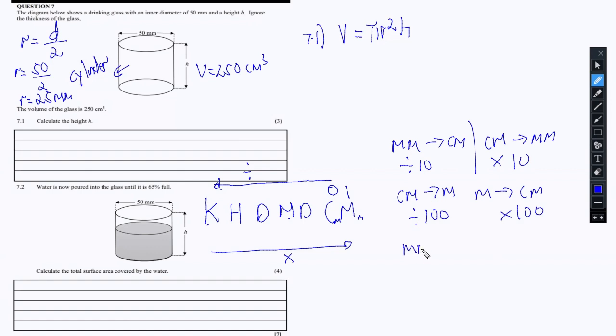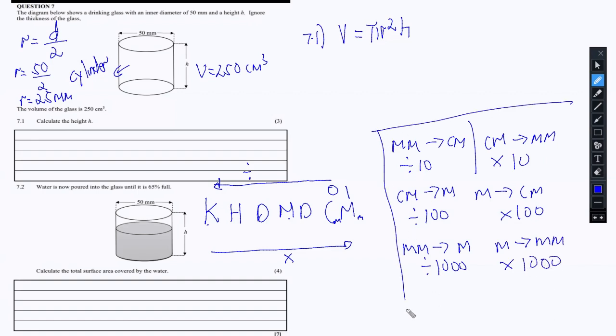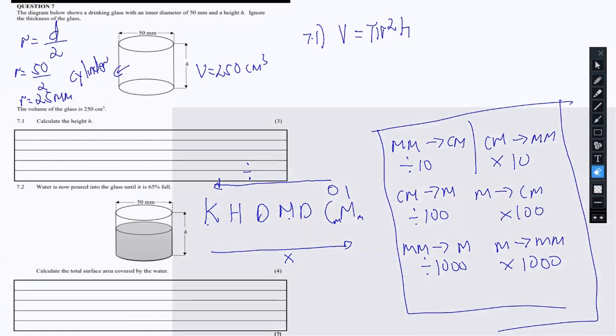If it's millimeters being converted to meters, then it's divided by 1000. But if it's meters to millimeters, then we have to multiply by 1000. So please note this, right? Know these necessary conversions by heart. Okay, so now let's go back to the question.